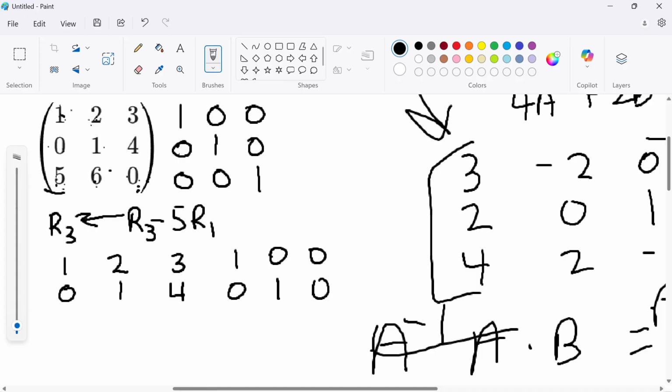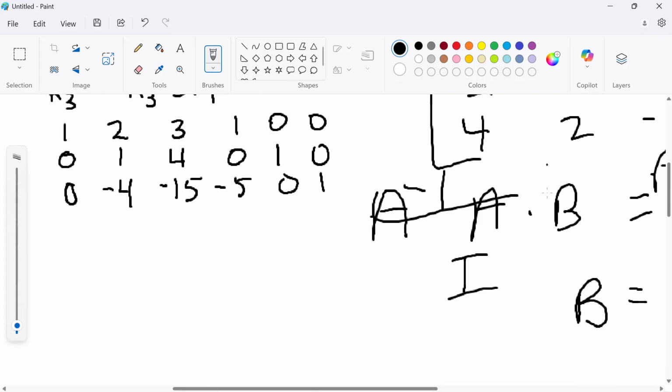Third row is row 3 minus 5 row 1. 5 minus 5 times 1, 5 minus 5 is 0. 6 minus 5 times 2, 6 minus 10 is negative 4. 0 minus 5 times 3, 0 minus 15 is negative 15. Then 0 minus 5 times 1 is negative 5. 0 minus 5 times 0 is 0. 1 minus 5 times 0 is 1.